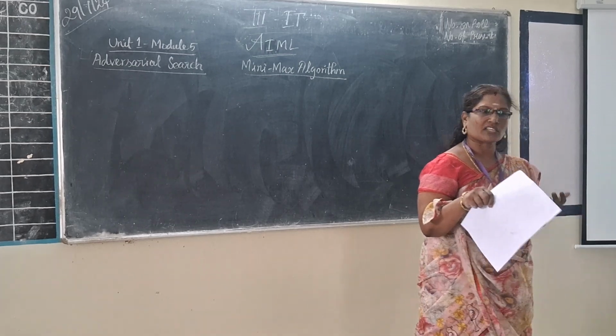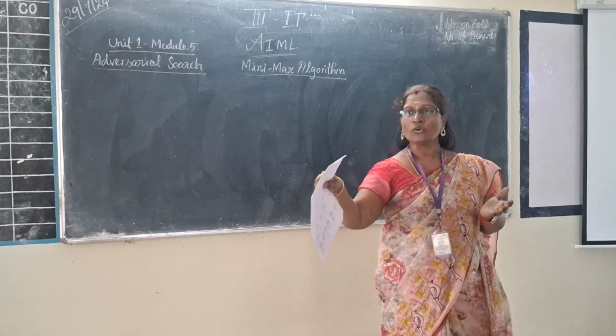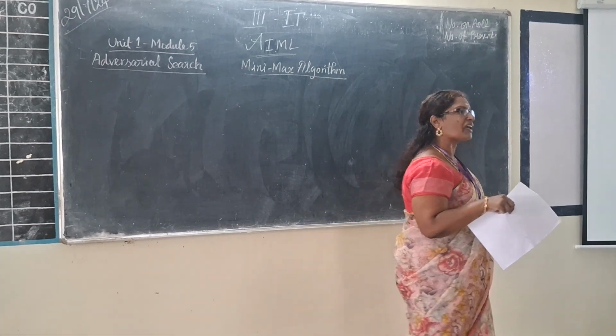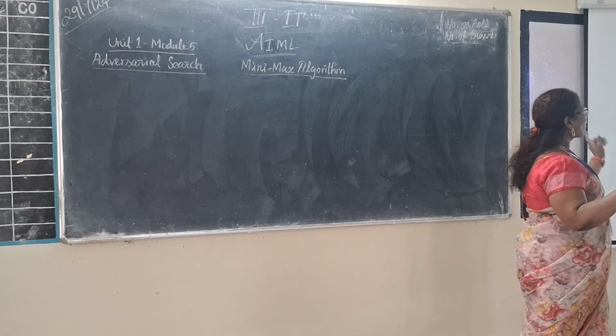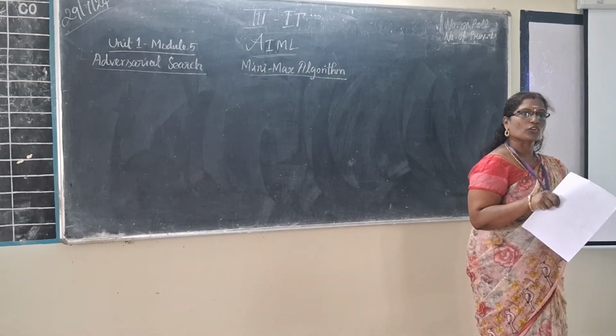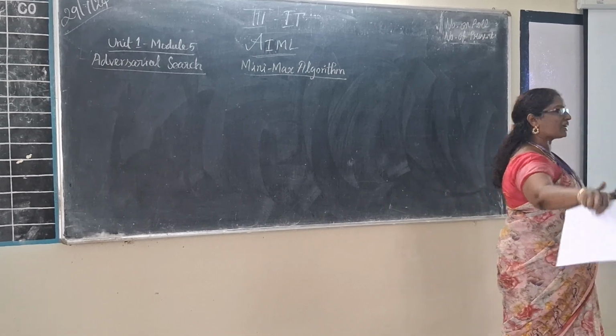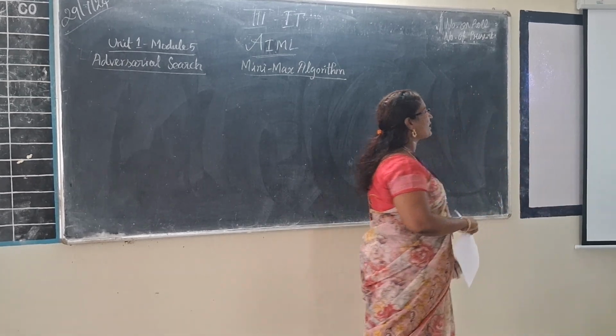When you are playing chess, one player always tries to win and tries to make the other lose. That is the intention behind any competition. So whenever there are conflicting goals, each one trying to win and make the other lose the game, we go with adversarial search.